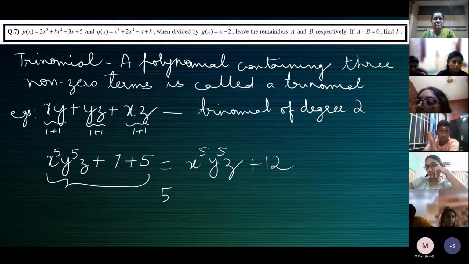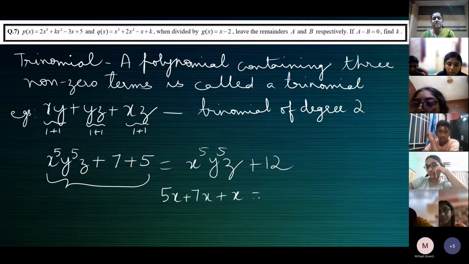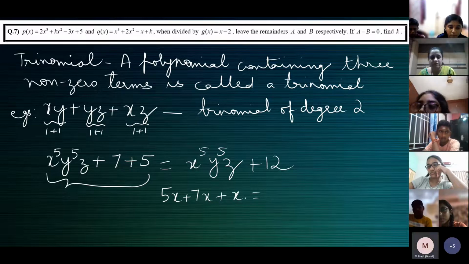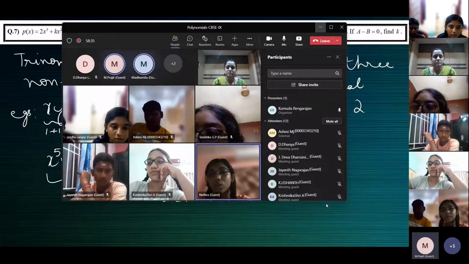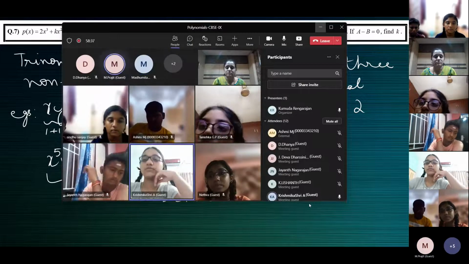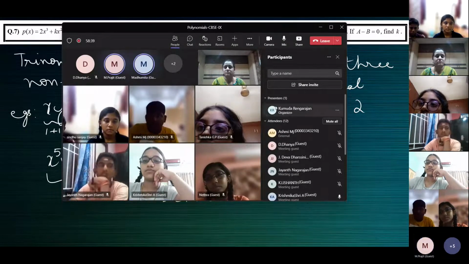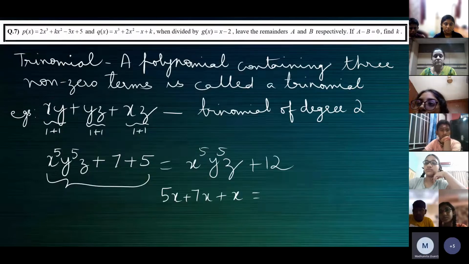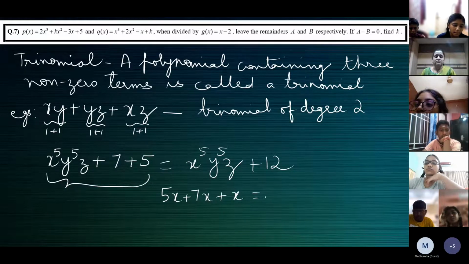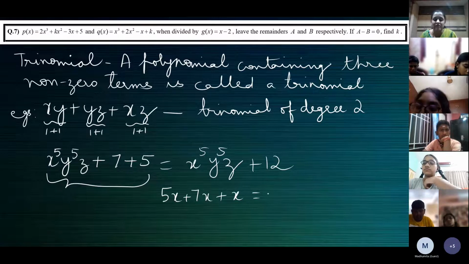Now see here, is this a trinomial? No, ma'am. It's 13x. It's a monomial. You should simplify. 5x plus 7x is 12x and 12x plus x is 13x.